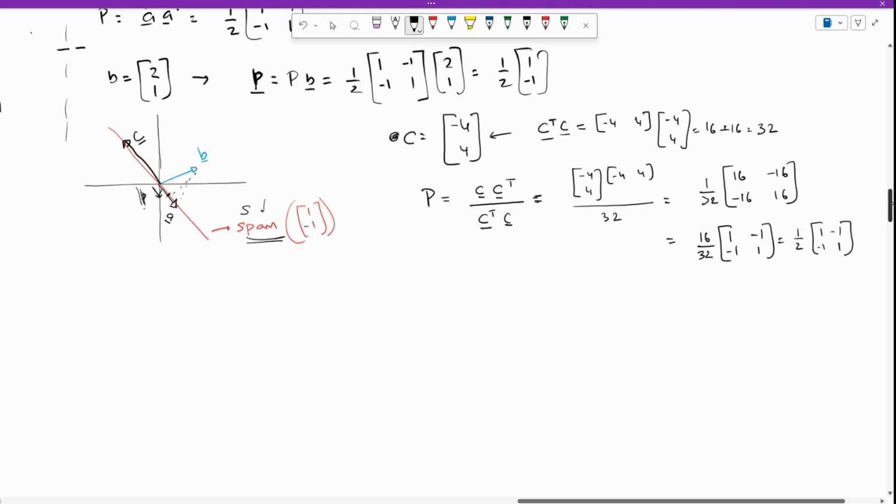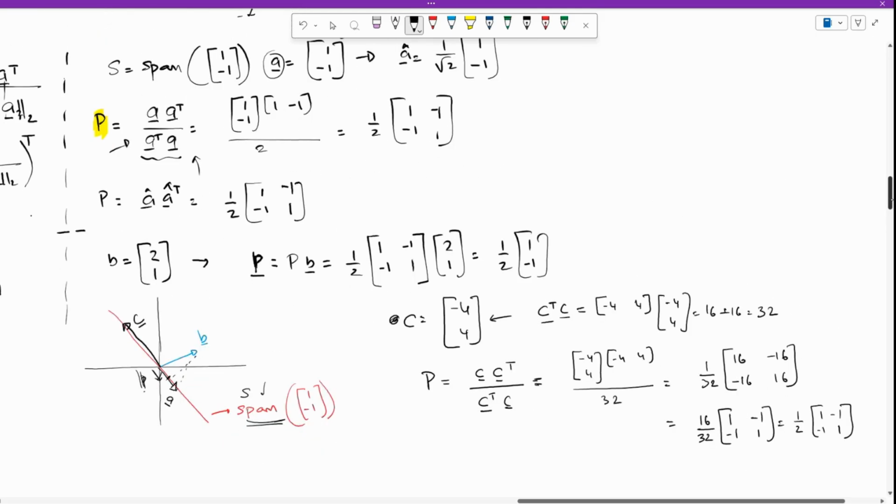The orthogonal projection matrix onto the subspace that we computed when we chose the vector A was half times 1 minus 1 minus 1, 1. If you choose another vector from the same subspace and you compute the orthogonal projection matrix, you get the same value, which makes sense.